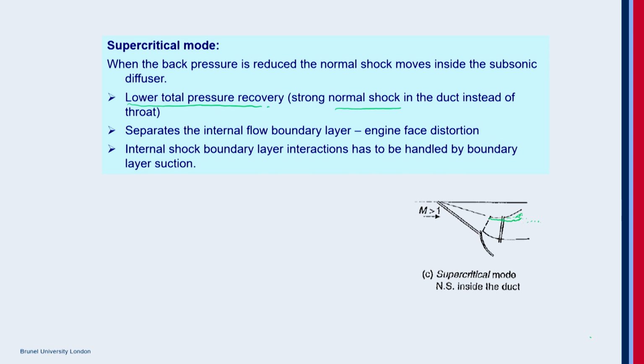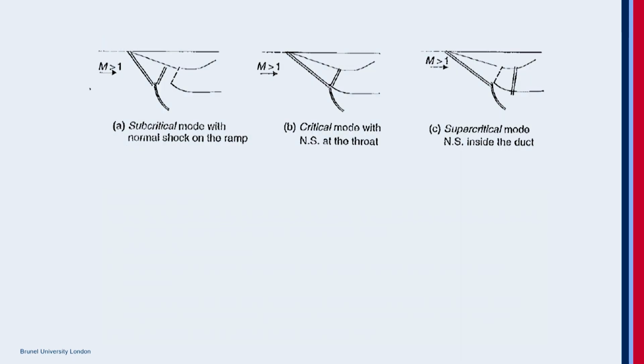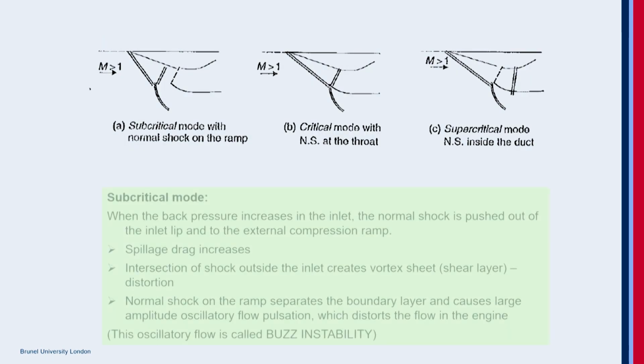The Mach number is higher at the normal shock than at the throat. This will have the shock boundary layer interactions, and you have a distorted flow entering into the engine. One of the ways to deal with it is the boundary layer suction technique, which could be done to solve this problem here.